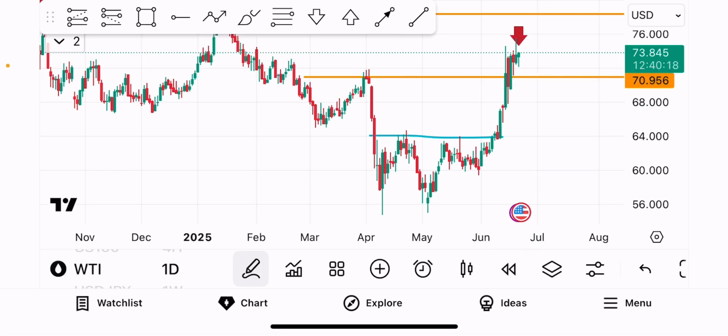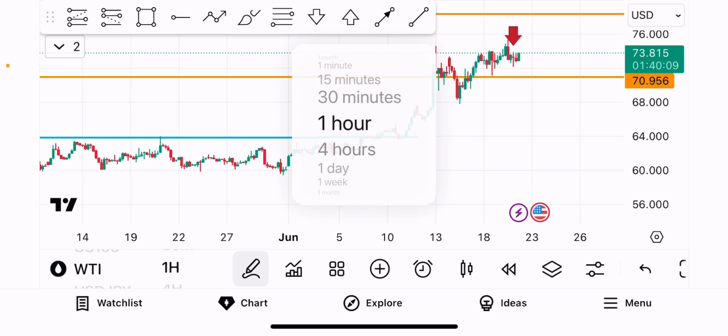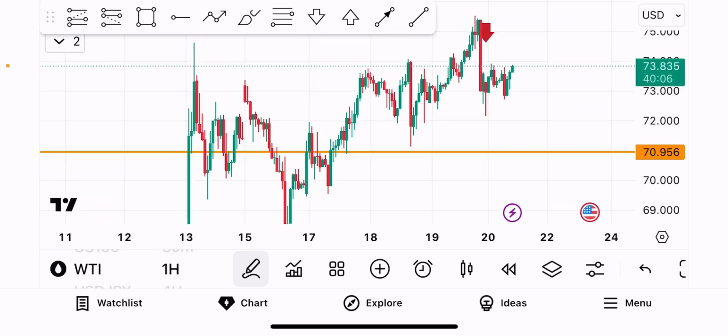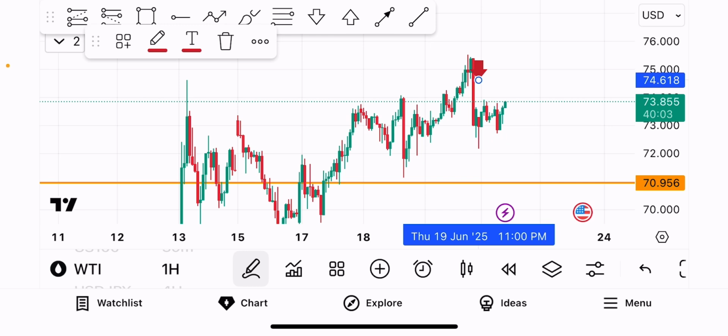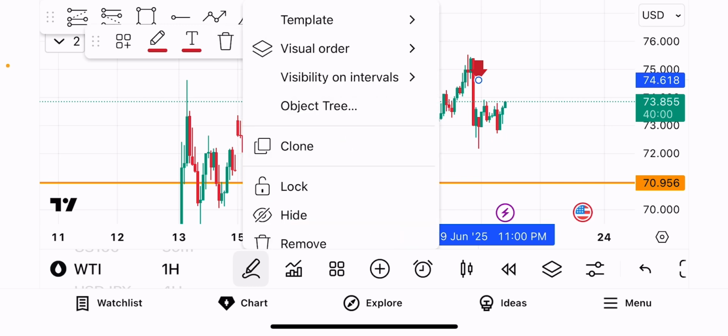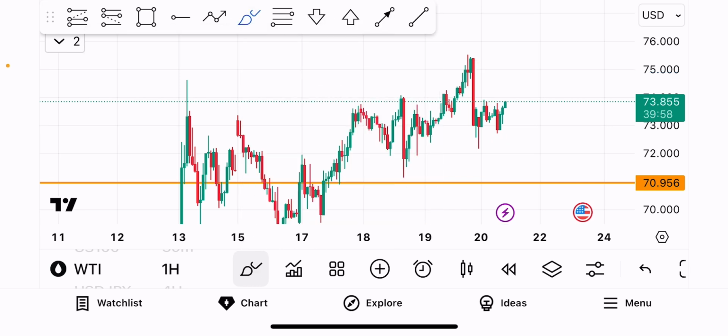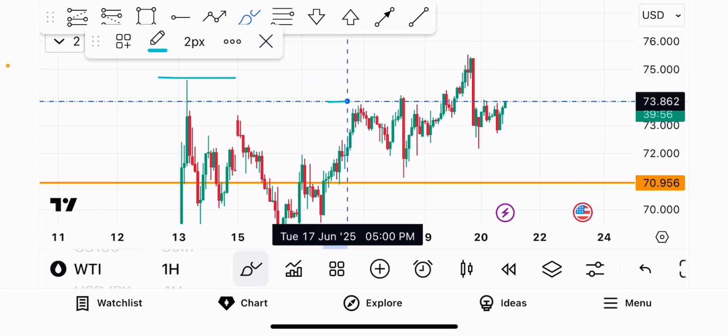So let's now look at the market from the lower time frame to see how we are going to spot opportunity. So let's quickly check the intraday time frame, which I would like to use the 1 hour time frame. So here in the 1 hour time frame, we can see how price has been reacting around this level. We are seeing highs.